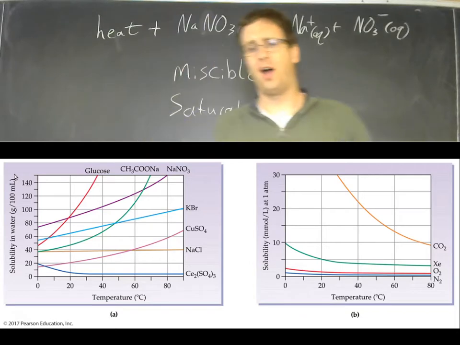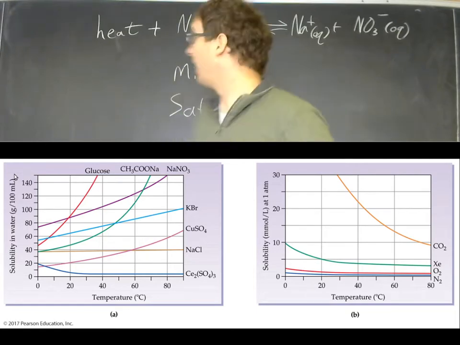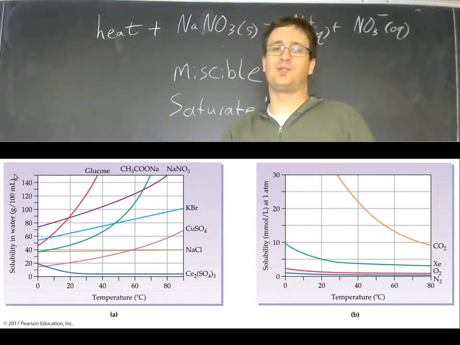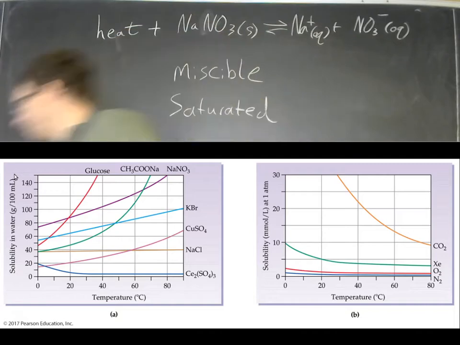If you see the potassium bromide, glucose, which is sugar, sodium acetate, copper sulfate, those all have an endothermic enthalpy of solvation. So increasing the temperature increases their solubility.